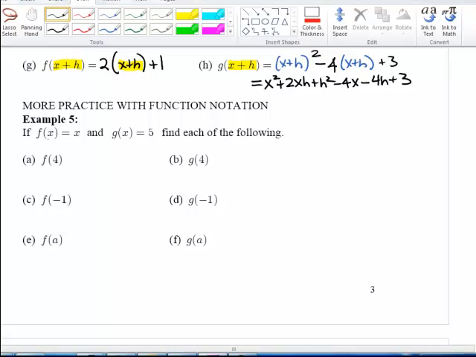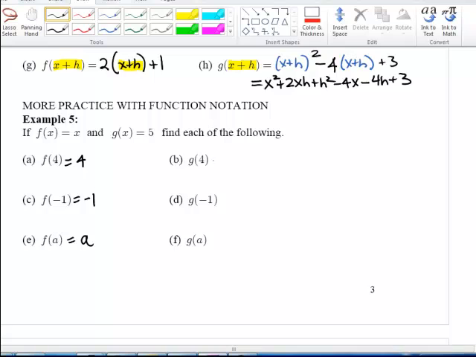For f, this is just saying whatever the input is, the output is the same thing. So f of 4 would just be 4, and f of -1 would be -1, and f of a would just be a. So it's a very simple function that just takes the input and gives it back to us as the output.